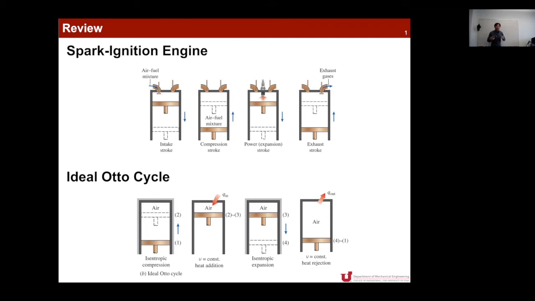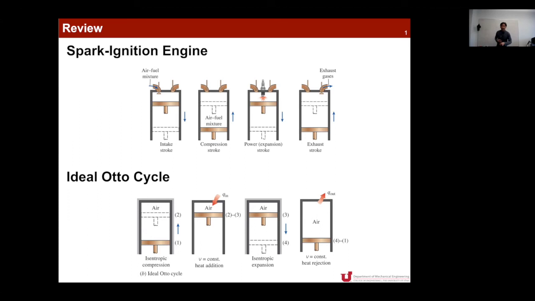Now, let's take a look at this diagram of the ideal Otto cycle. The ideal Otto cycle has 4 processes. The first process is the ideal, or isentropic, compression process, where the piston goes up to compress the air, which is the working fluid of this cycle.